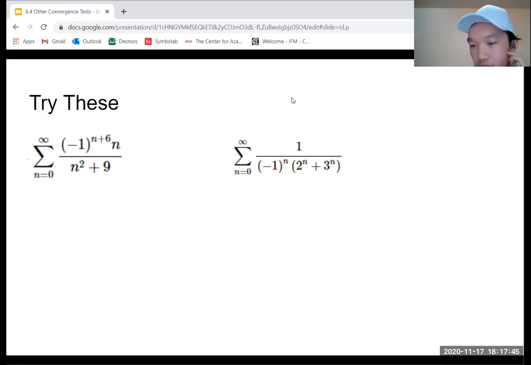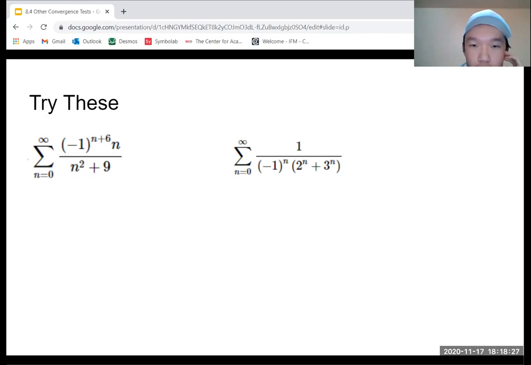How are you guys doing on the questions? Deal with the negative power.